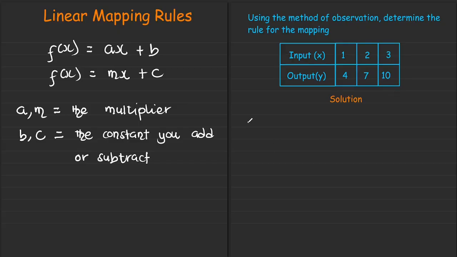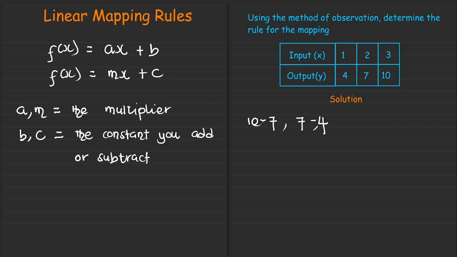That is 10 minus 7. Is the answer the same as 7 minus 4? That is, if you take the preceding number and find the difference between these two, is it the same as the difference between this and this? If it is, then we can proceed with the method we want to use.